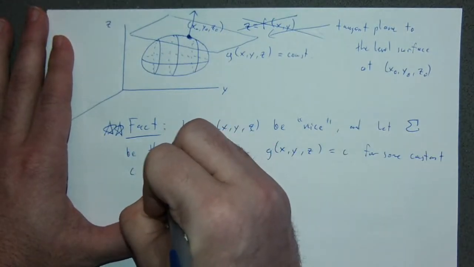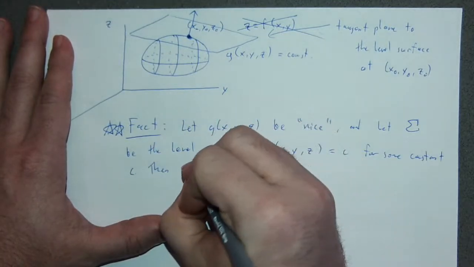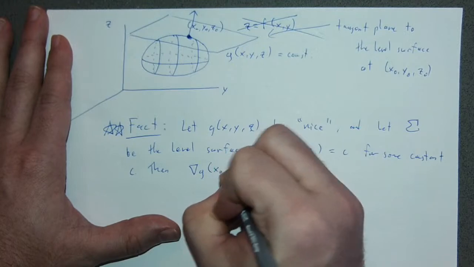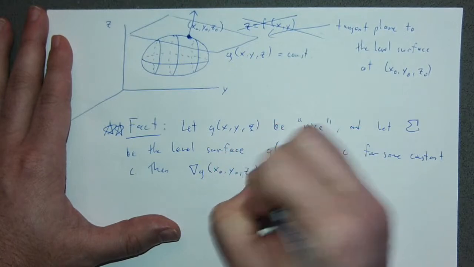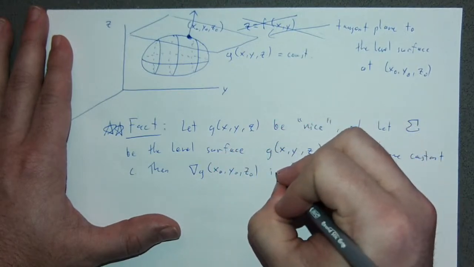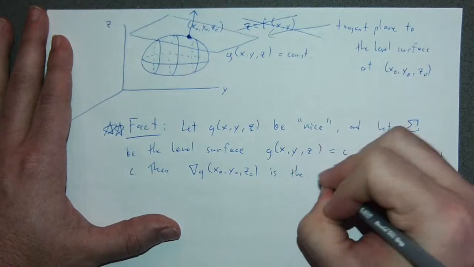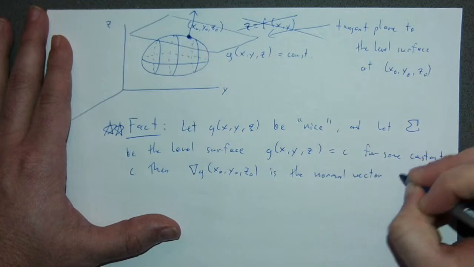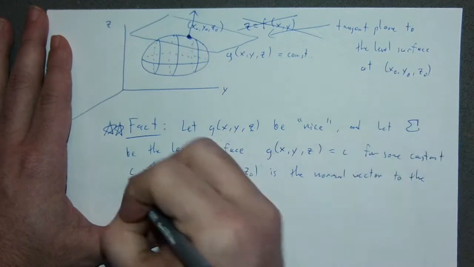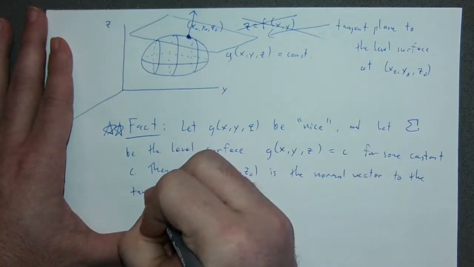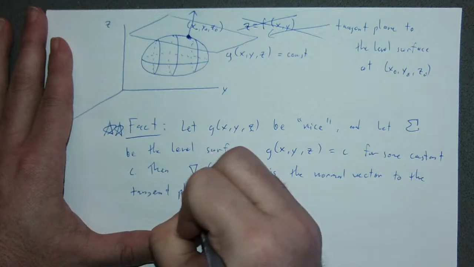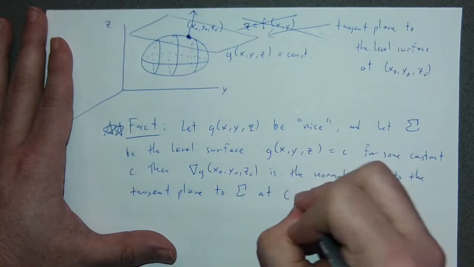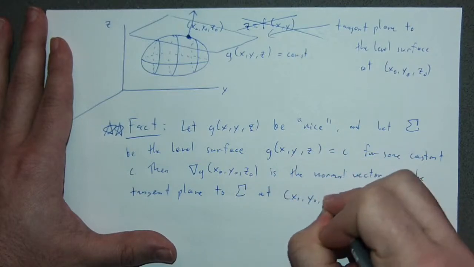Then the gradient of g at x naught, y naught, z naught is the normal vector to the tangent plane to the surface sigma at the point x naught, y naught, z naught.